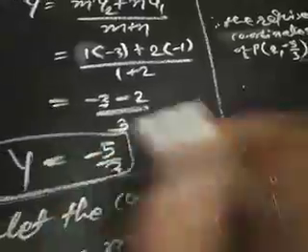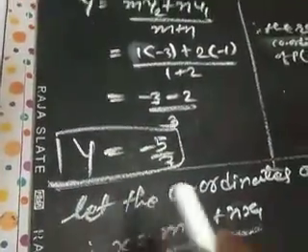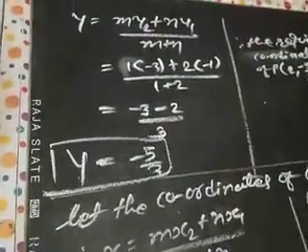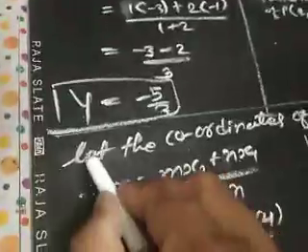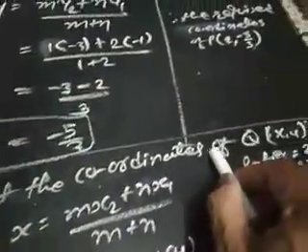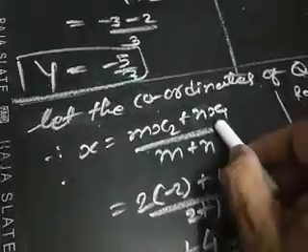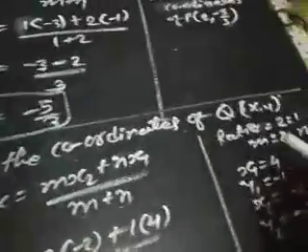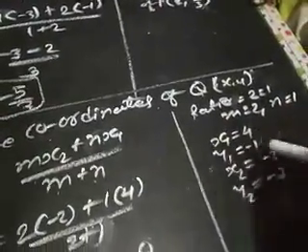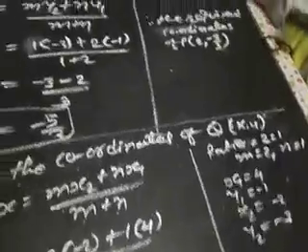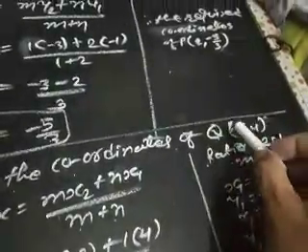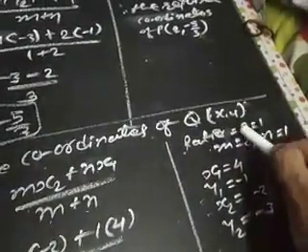Now we find the coordinates of Q. Here Q divides the line segment AB. So let the coordinates of Q be (x, y) again. So x is equal to (m x2 plus n x1) upon (m plus n), and as we decided x1 y1 x2 y2, the ratio for Q is 2 proportional 1.